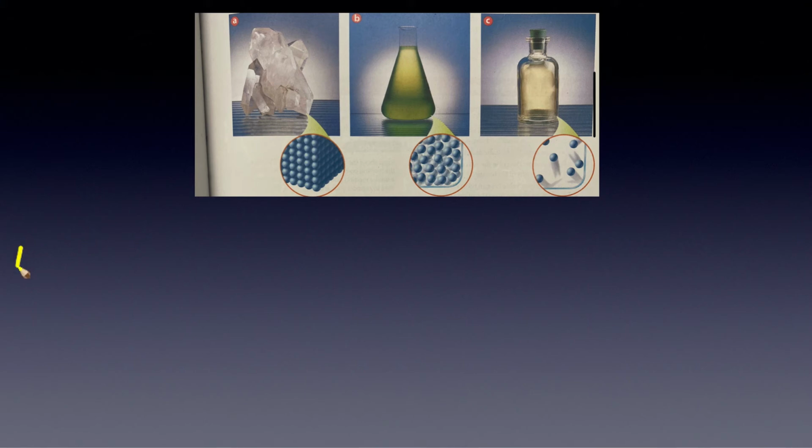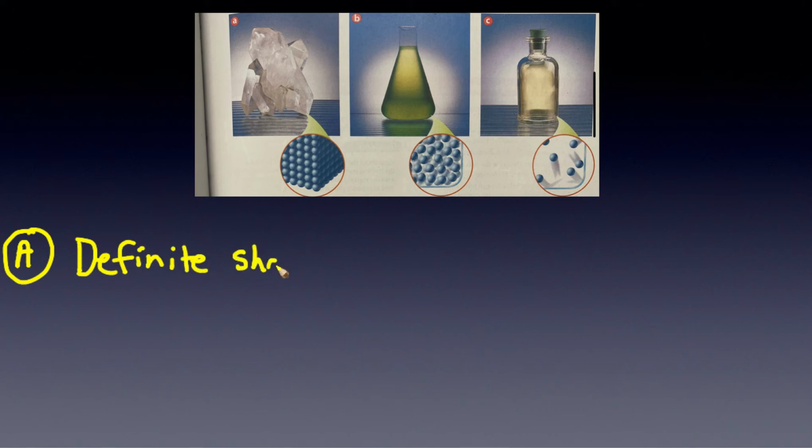So, picture A. This picture has a definite shape and a definite volume.